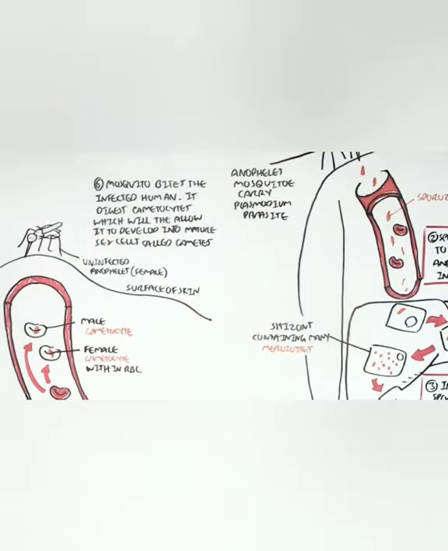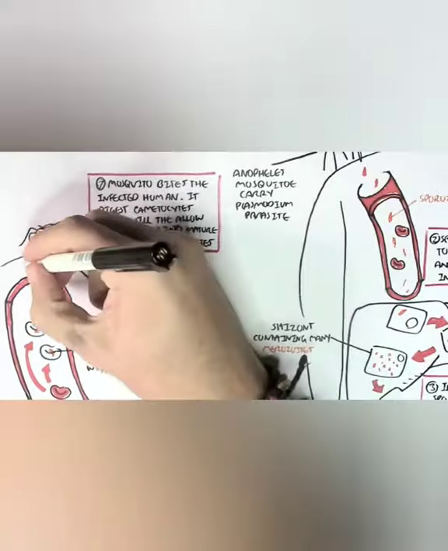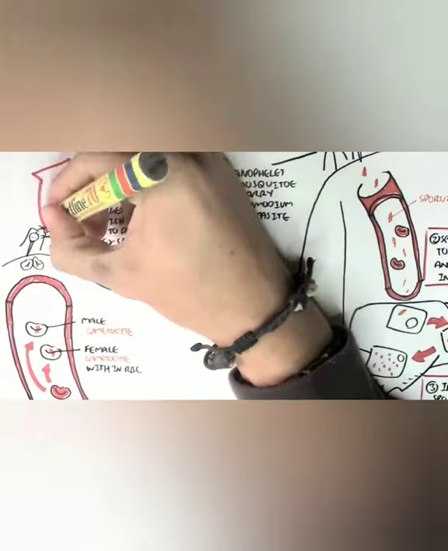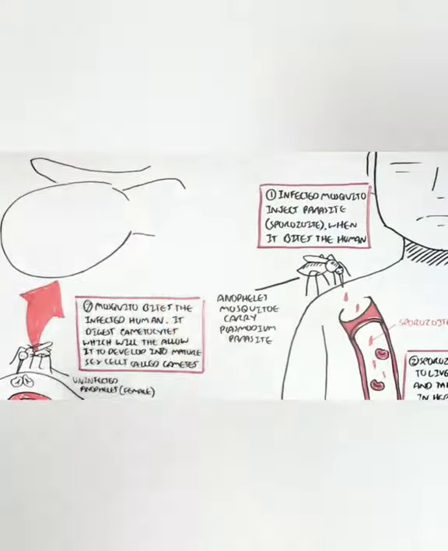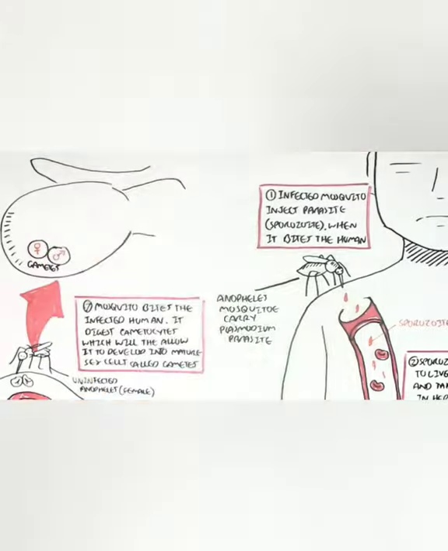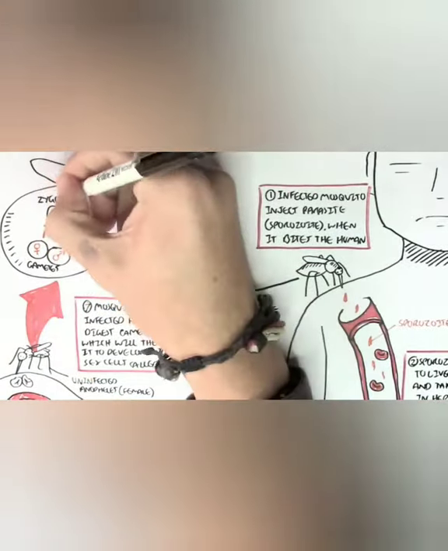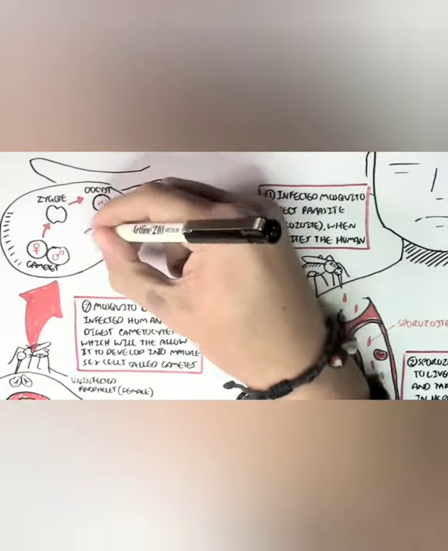So here this Anopheles mosquito will suck up this male and female gametocyte. And then let's just zoom into the back of this Anopheles mosquito to see what happens with these gametocytes, now gametes. The gametes will fuse together to form a zygote, which will form an oocyst where we have sporozoites begin to develop.